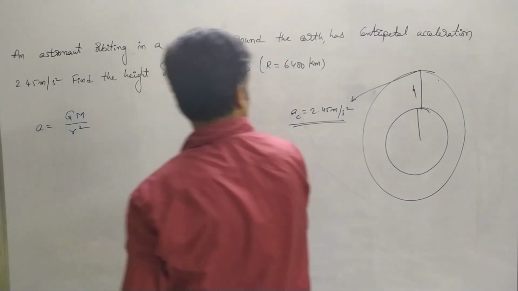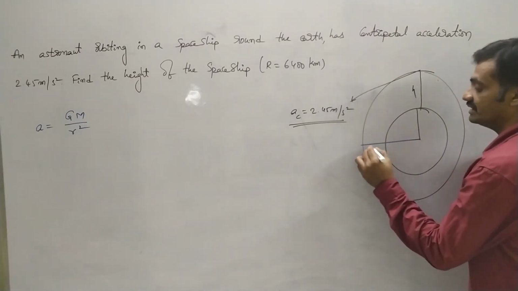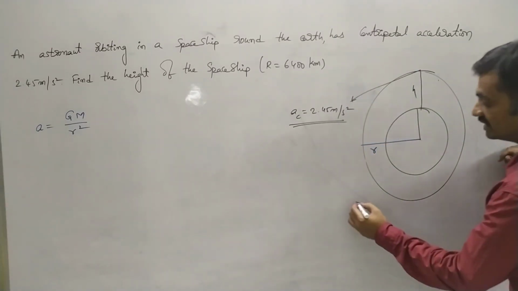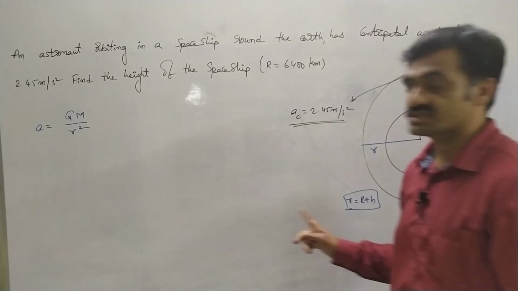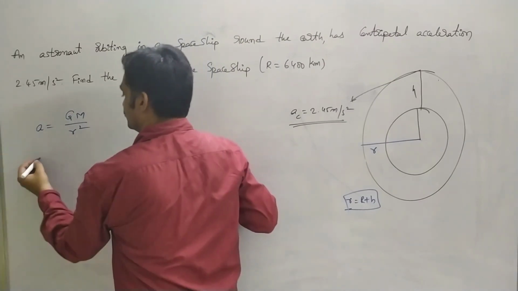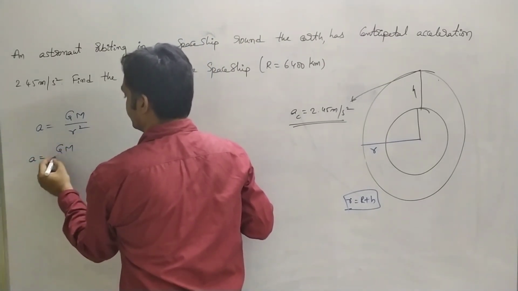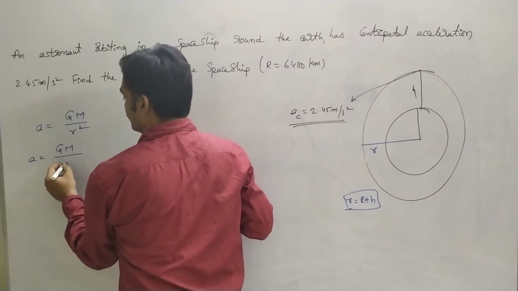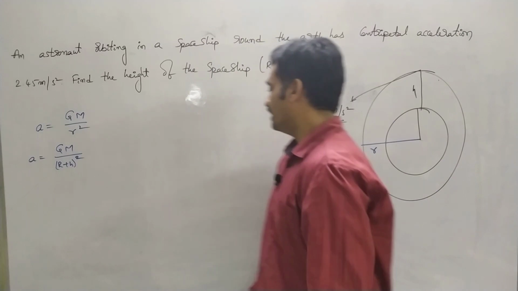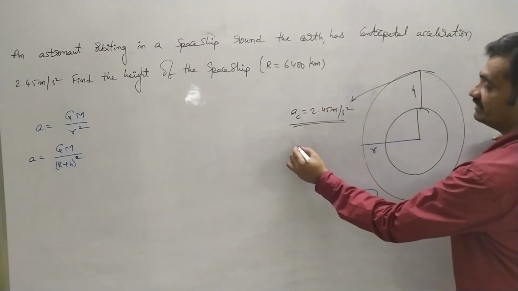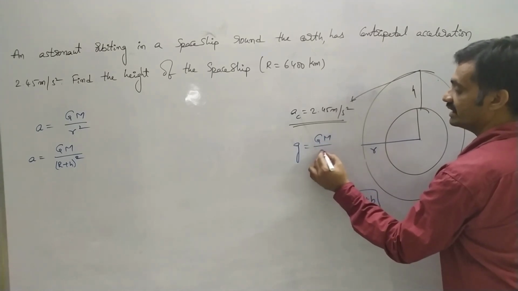Here small r is the distance of the satellite from the center of the earth, so small r equals capital R plus small h. As you substitute this value, you observe that a equals GM by (R plus h) whole square.